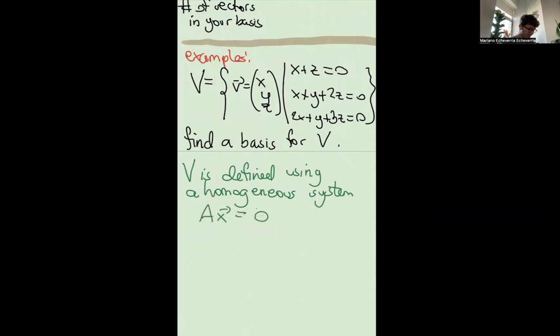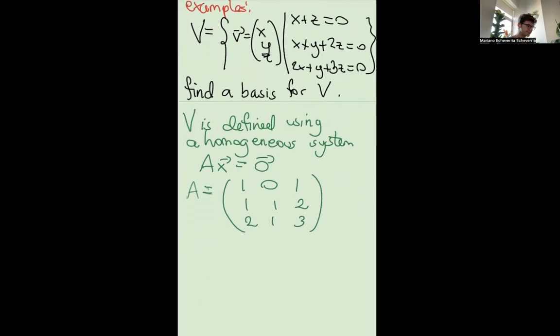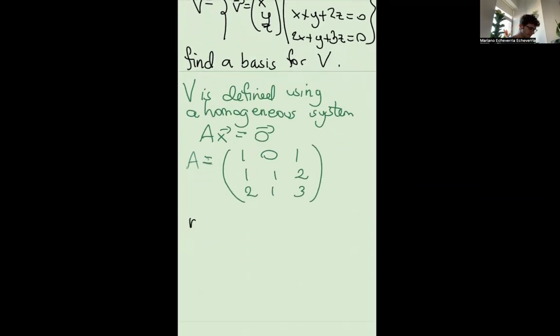Ax equals 0, where A is the matrix that I wrote earlier. A is this matrix. What I'm going to do is just reduce the homogeneous system. So let's reduce A.